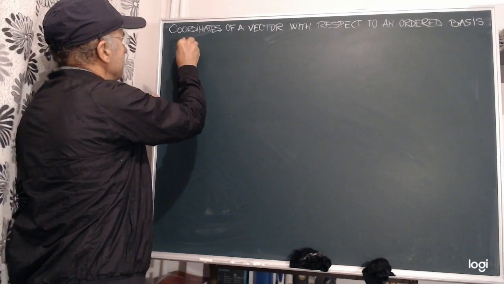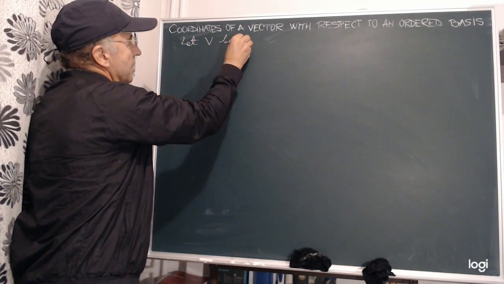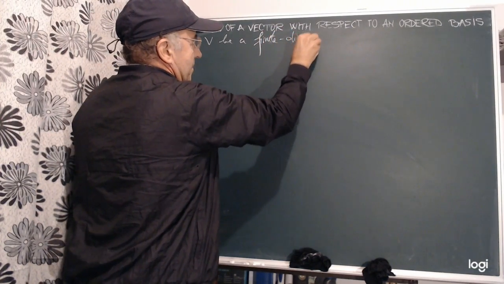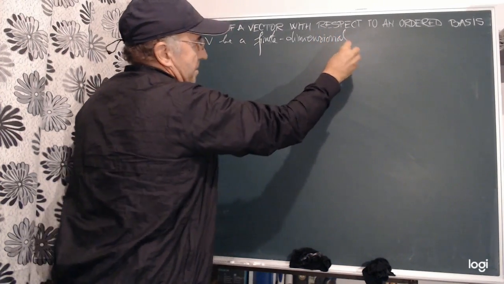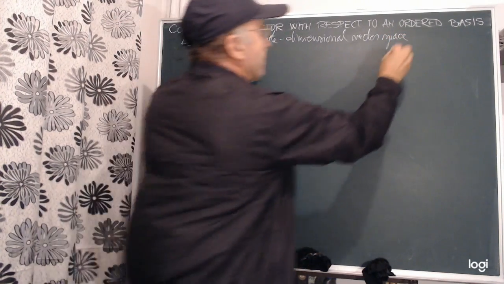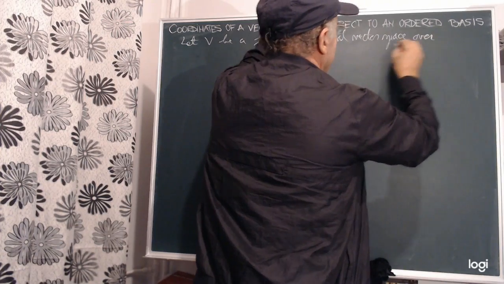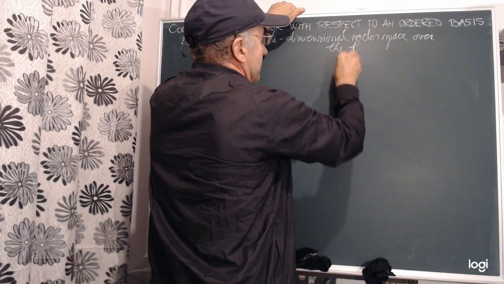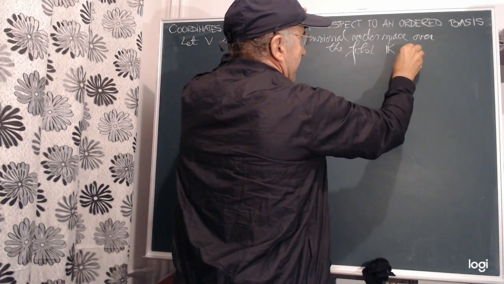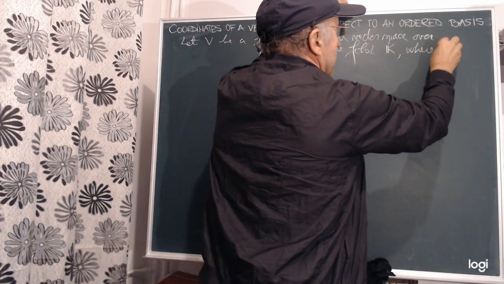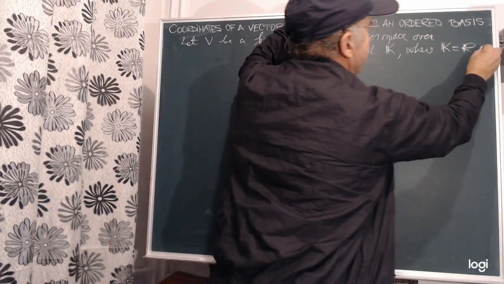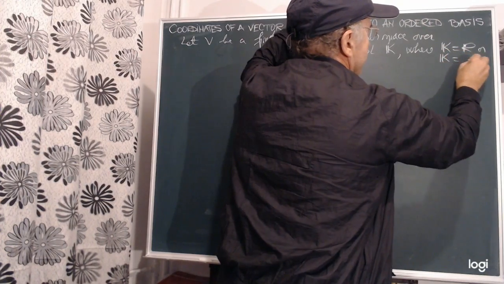Let V be a finite dimensional vector space over the field K, where K is the field of real numbers or the field of complex numbers.